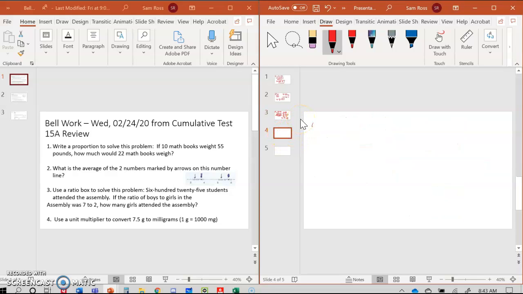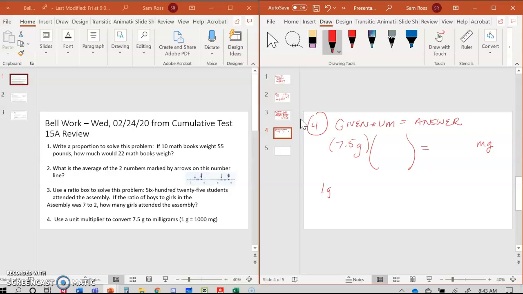It says use a unit multiplier to convert 7.5 grams to milligrams, and there it gives you the unit multiplier. So when we're converting units, this is the formula that I use: given times the unit multiplier equals the answer. We're given 7.5 grams. We don't know what our unit multiplier is going to be yet, but we do know that we want milligrams in the end.